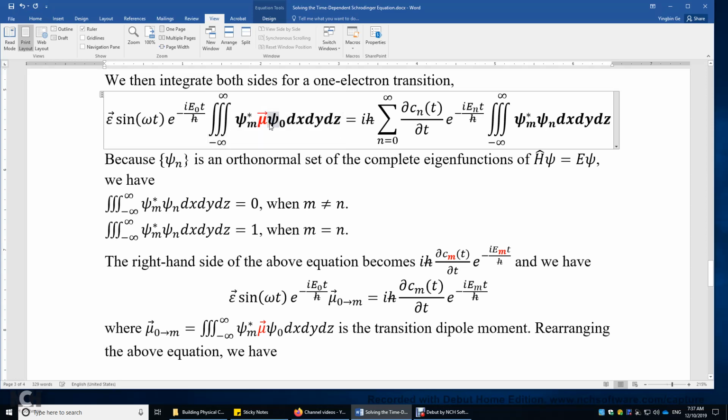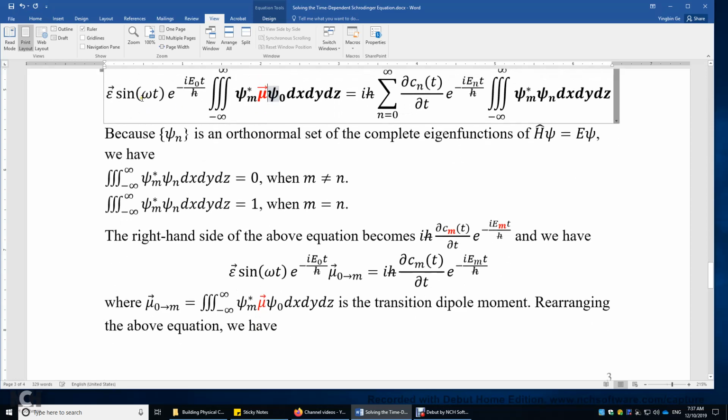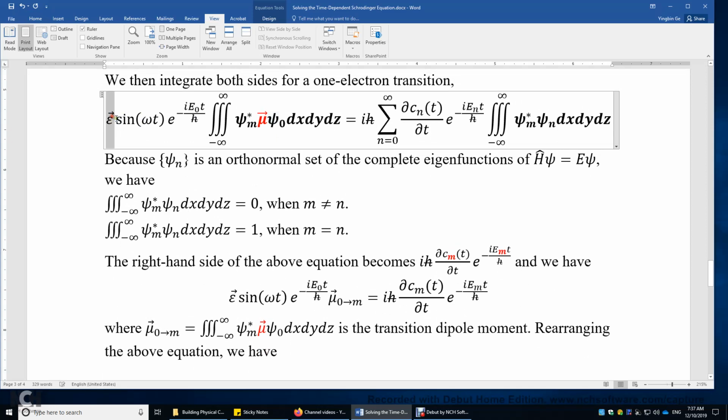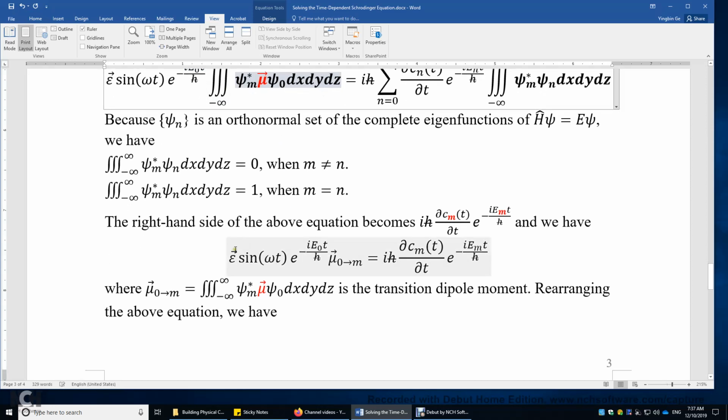So on the left-hand side, we have this electric field of the photon times the oscillating function of the photon times the exponential function of time times the transition dipole moment. So really, it's simplified to just one term on the left and one term on the right. We don't have to deal with the infinite series anymore.